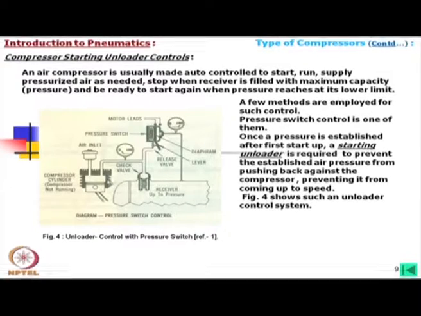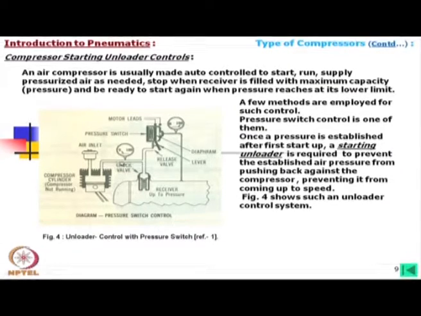But if you look at this path, this path will remain filled with the pressurized air. Now, to relieve that, with this pressure switch there is a lever that operates another valve. Actually, there is another valve sort of thing which allows or relieves the compressed air in this path.